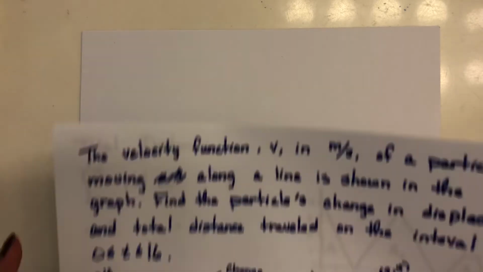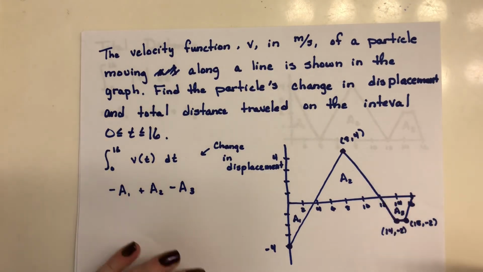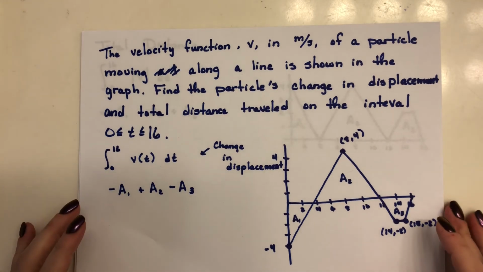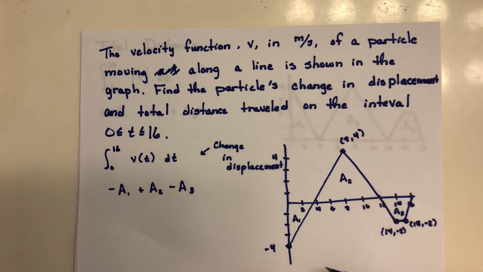All right, now our last example that we're going to be looking at today before you get into your problems is we're going to be looking at a function that has to do with particle movement. Now they have given you a graph. This is a copy of the graph that's in the textbook.